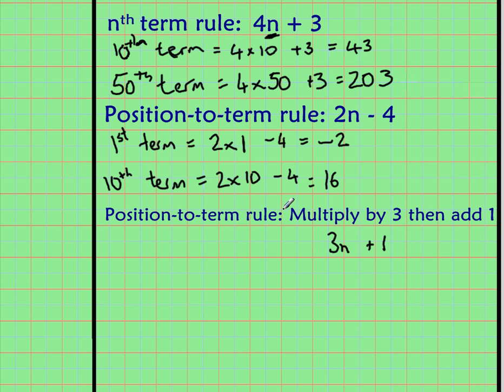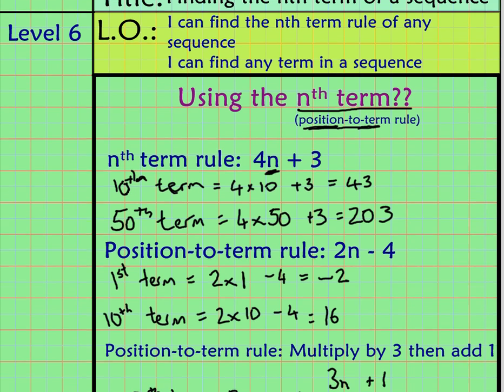So if they have it in words like this, you can say, okay, well, I want the 100th term, so that will be multiply 100 by 3, and then add 1, and that will give me 301. So sometimes it's spelled out in words for you like this, but more often than not you'll get it in number format, algebra format like that.